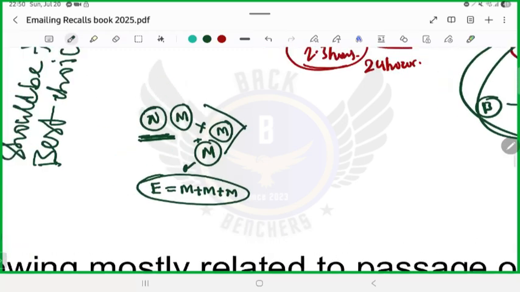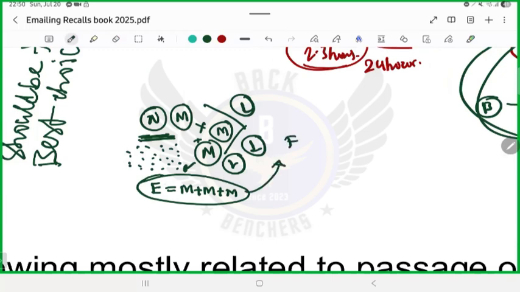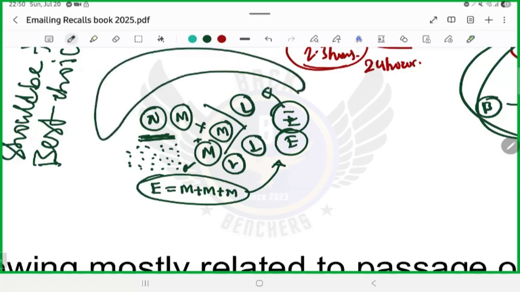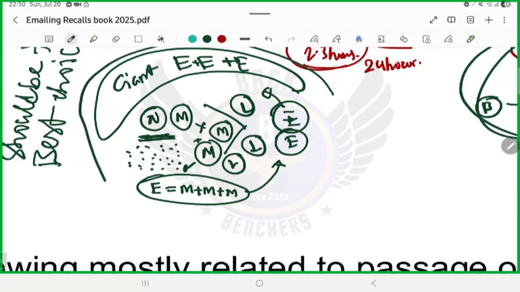Then days go by and years go by and inflammation continues, and we will have lymphocytes and plasma cells, and these epithelioid cells will join together and make a giant cell. So this is a granuloma.